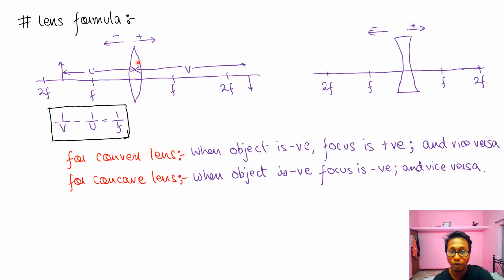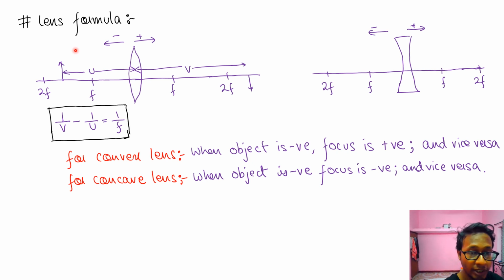One more important concept out here. Will this direction change if the medium, or the refractive index of the medium, is changing? Of course, yes. This convention depends upon the property of the lens. If this lens is converging, then f and the object will be on opposite sides. If this lens is diverging, then f and the object will be on the same side.